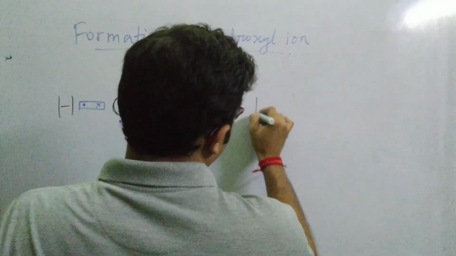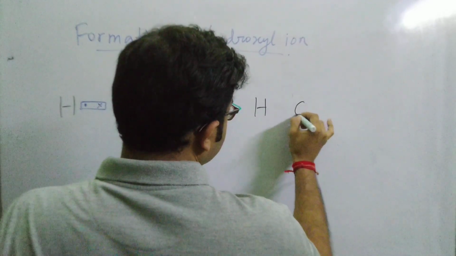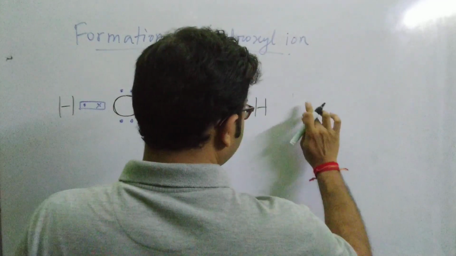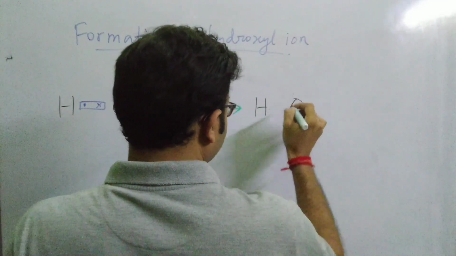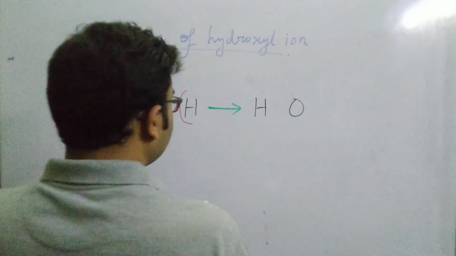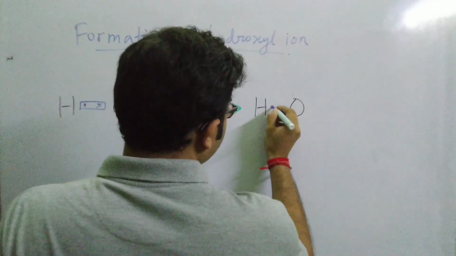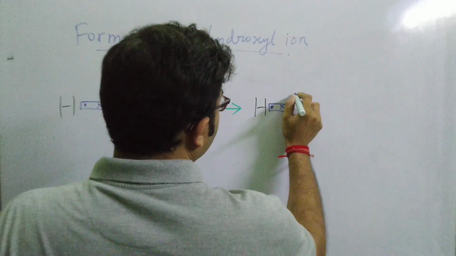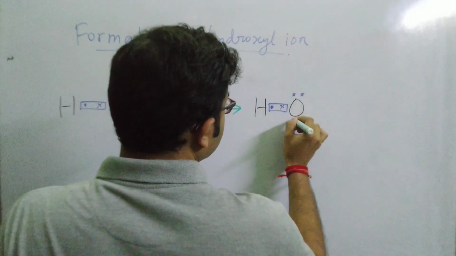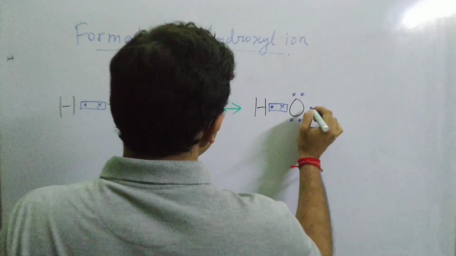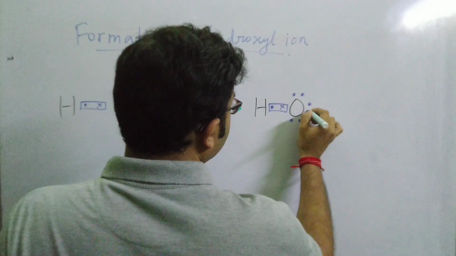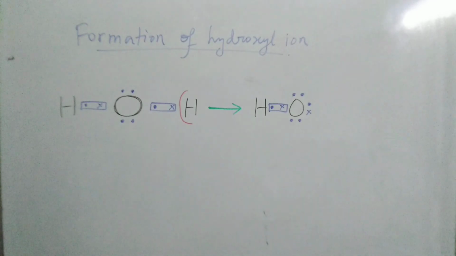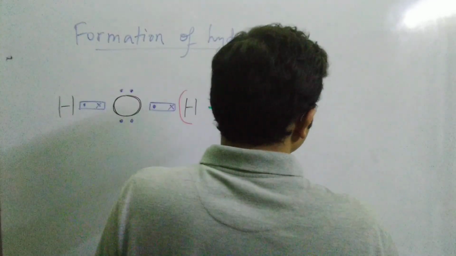The hydrogen and oxygen atoms are still present in the structure, and they will be sharing their electrons as they were sharing previously. However, this oxygen atom now has one more electron than the number of protons altogether in the structure.